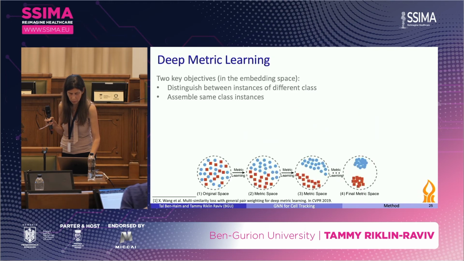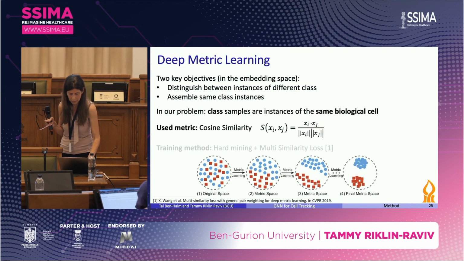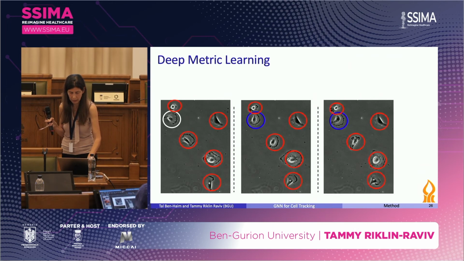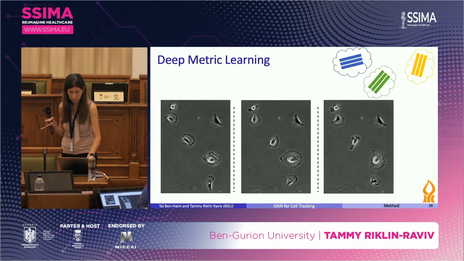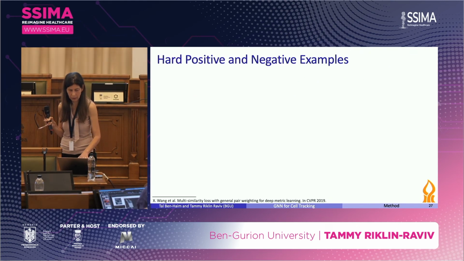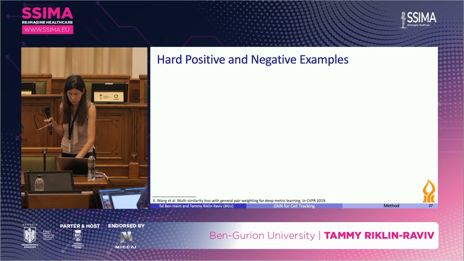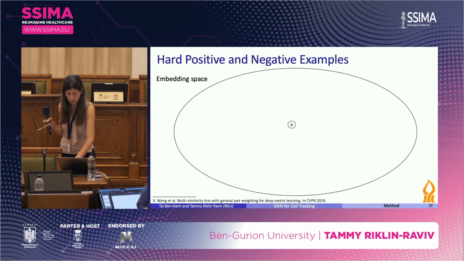And we did hard mining and deep network learning in order to do so. I will not get into too many details here. Maybe I would just give an illustration. So say this is an anchor cell. I can find out the most related instances, and I can do it again and again, until I build 3 sequences.